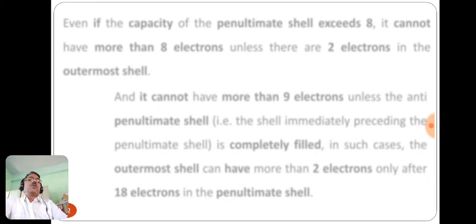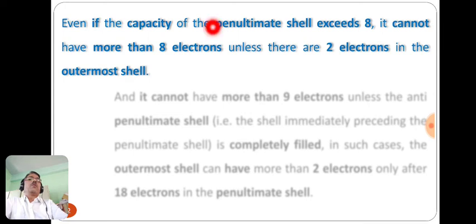The next rule states that if the capacity of the penultimate shell exceeds 8, it cannot have more than 8 electrons unless there are 2 electrons in the outermost shell. So 2 electrons must be present in the outermost shell.